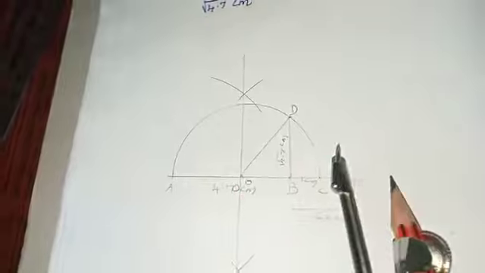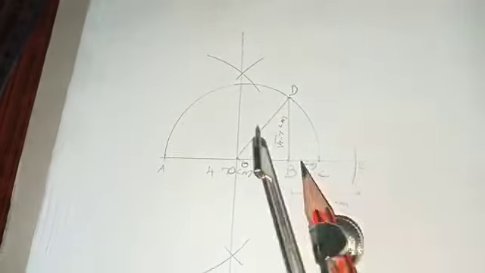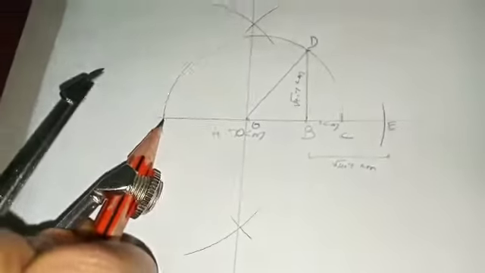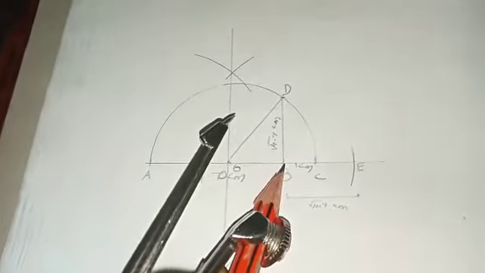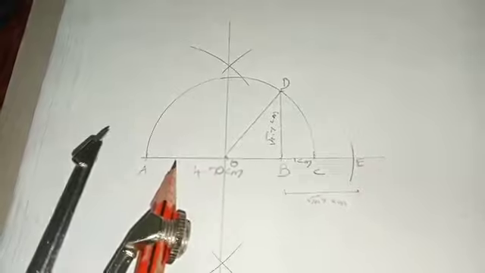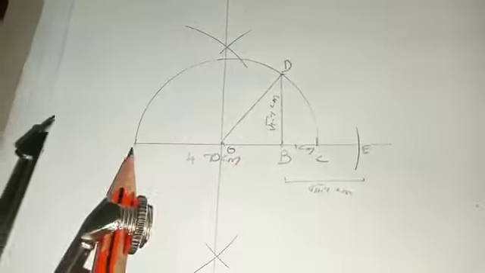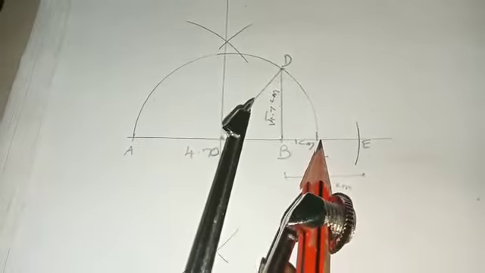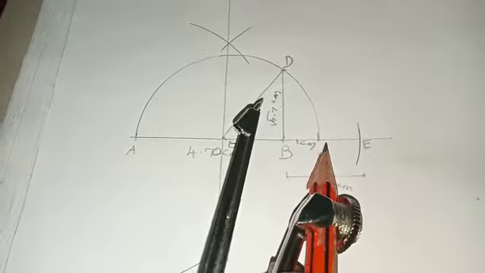To recap: first draw a line segment, choose approximately 8, 9, or 10 centimeter. Next, mark a point A on it. Mark a point B such that AB is 4.7 centimeter. Next, mark a point C such that BC is 1 centimeter.